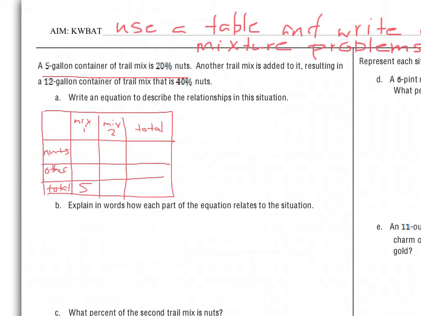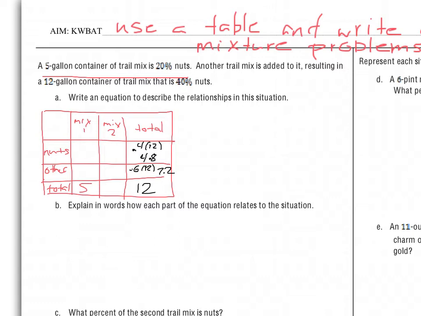Our last container, or what our total is, is a 12-gallon container that is 40% nuts. So we know that 40% or 0.4 of the 12 is supposed to be nuts, which is going to give me 4.8 gallons of nuts, which means 60% or 0.6 times 12, or 7.2 gallons, is the other stuff.